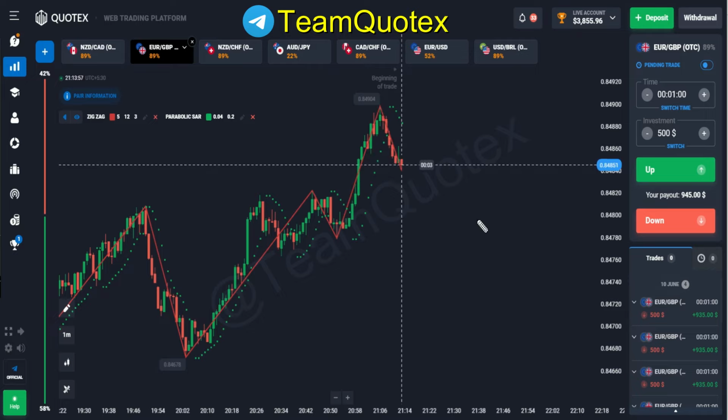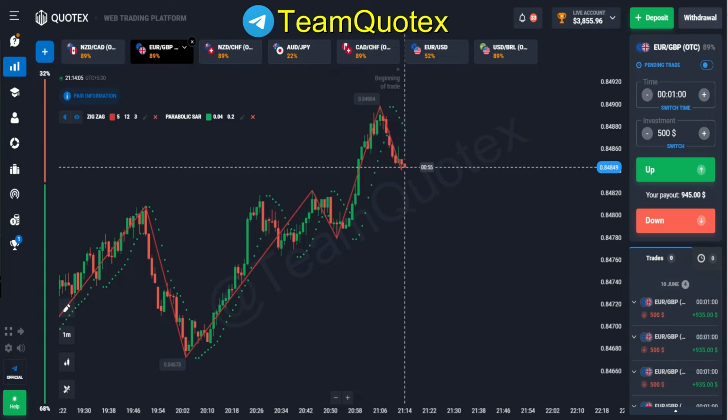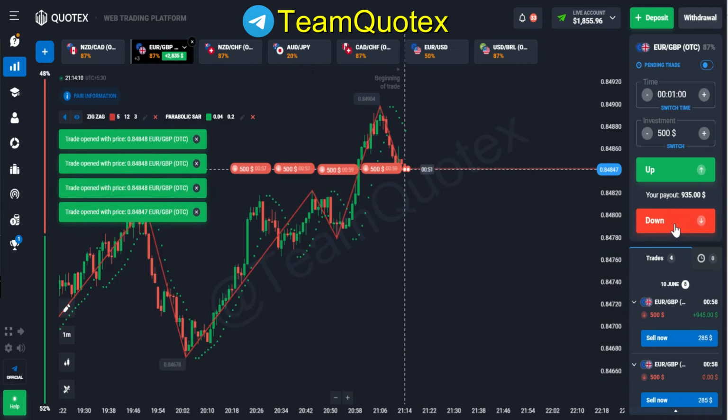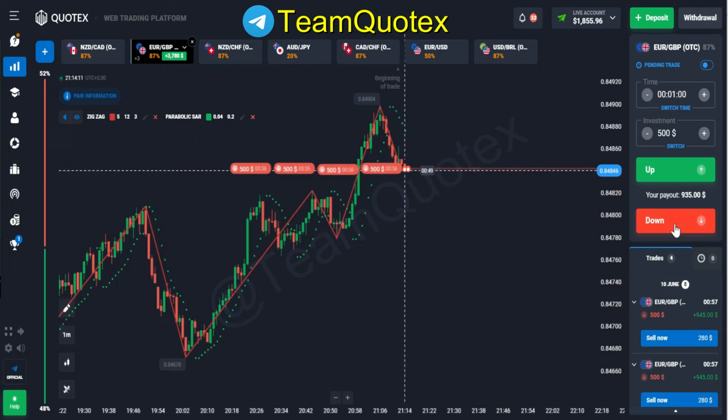But guys, I have to be very careful, because I have to see whether there is any level or not. If any level exists, then I will not trade in down direction. Otherwise, I trade in down direction. This is a basic easy concept, and you have to be very careful while trading, because I am also using parabolic.